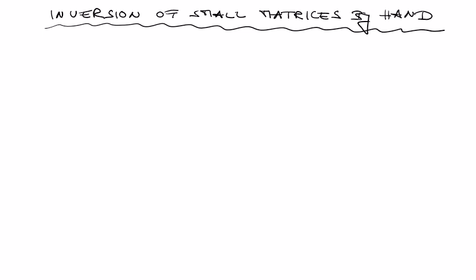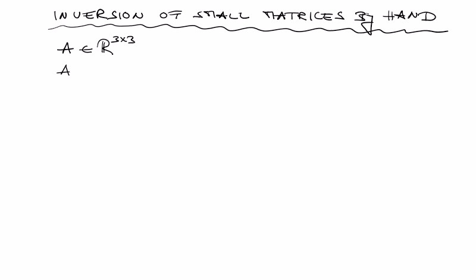So we assume in this case our matrix that we want to invert is a 3 by 3 matrix. Of course, we could extend it to 4 by 4. It gets more work, 5 by 5 gets more work, and so on. So 3 by 3 is something that is kind of feasible. And we assume that A is in fact invertible.